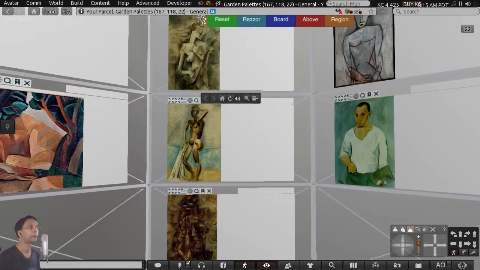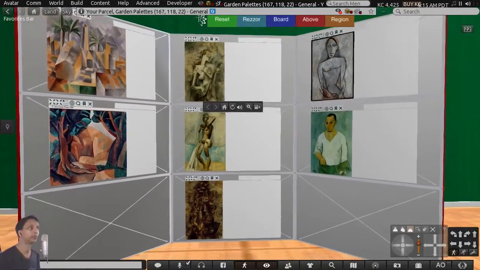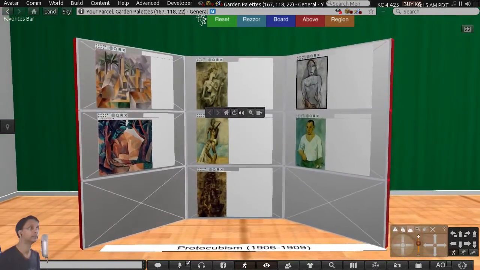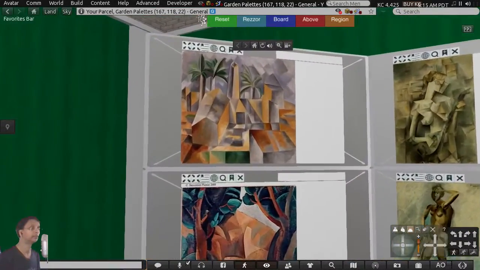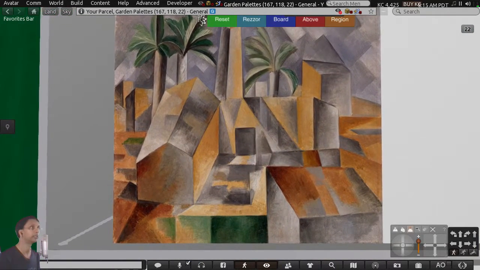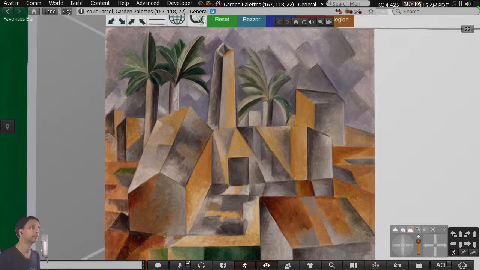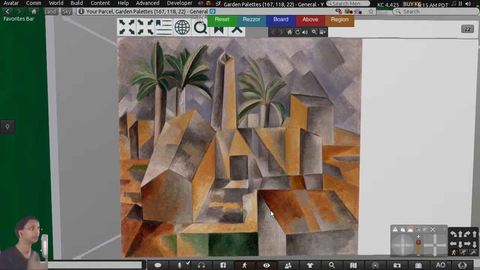This is yours. So this is the proto-cubism era where he starts really experimenting with breaking down the laws of perspective. This is a scene with a lot of buildings, but you can see that all the lines don't meet.